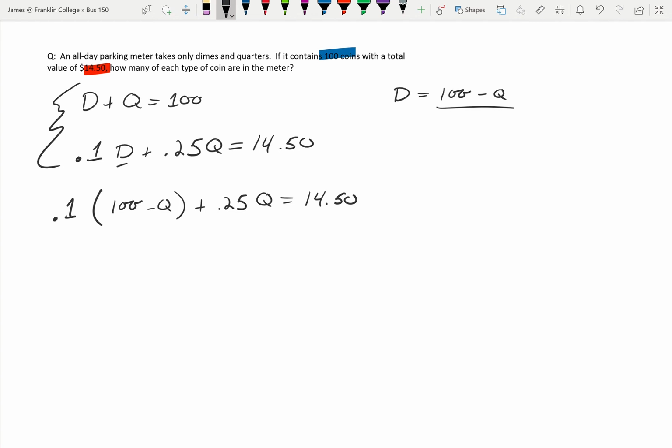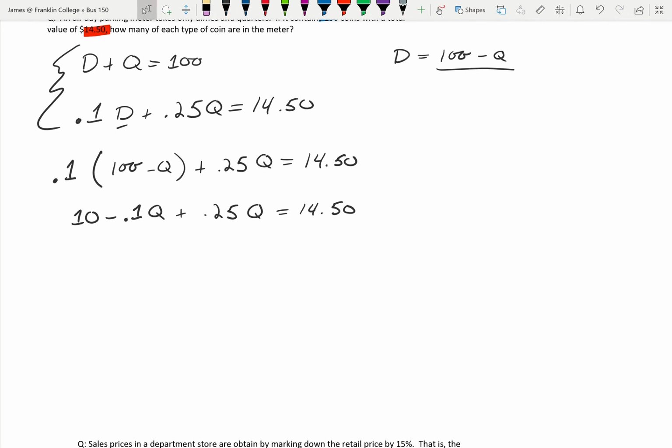Now we can just solve for Q. So we're going to distribute that 0.1 into the parentheses. So 0.1 times 100 is 10. 0.1 times minus Q is minus 0.1 Q, plus 0.25 Q equals $14.50.